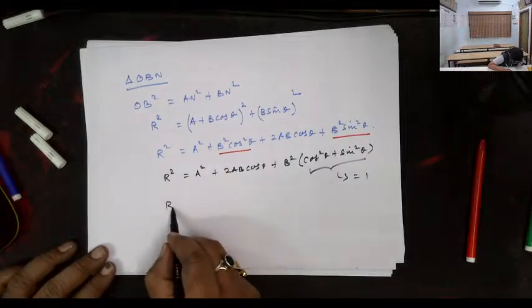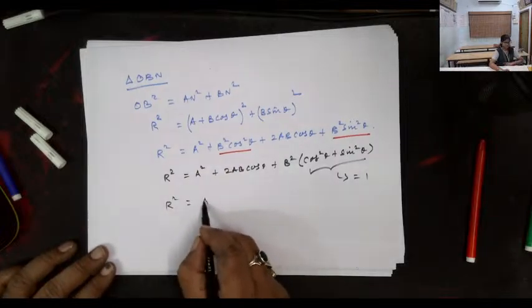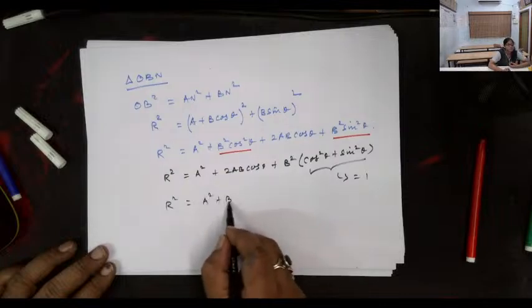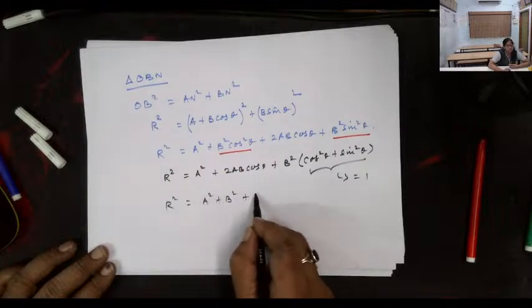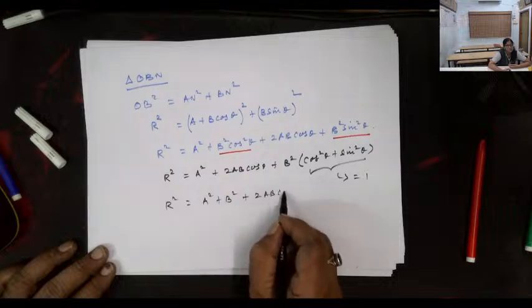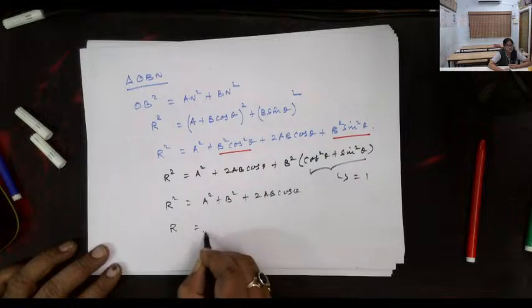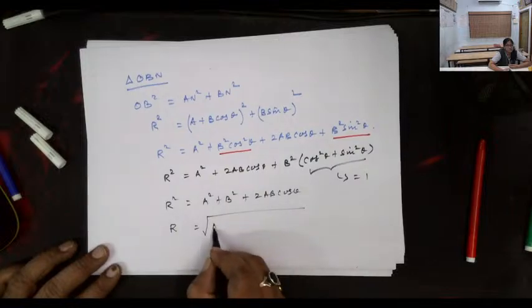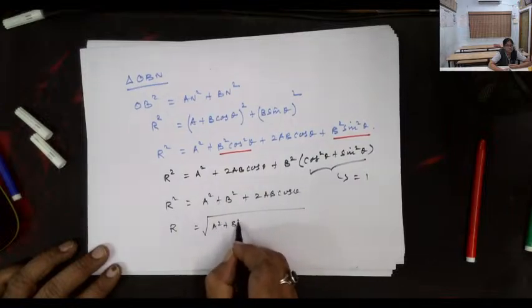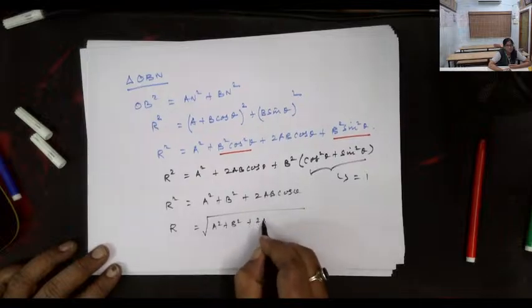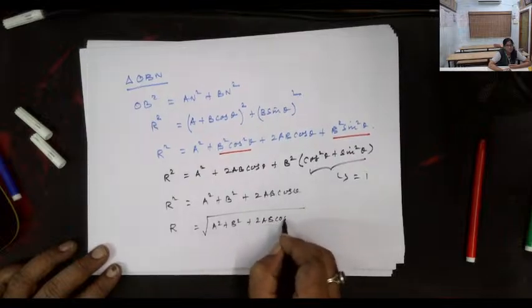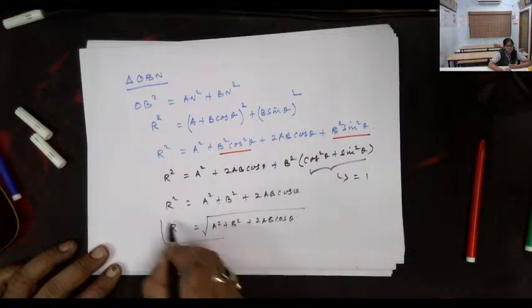Therefore, R squared is equal to A squared plus B squared plus 2AB cos theta. Therefore, R is equal to the square root of A squared plus B squared plus 2AB cos theta. Are you able to follow this?